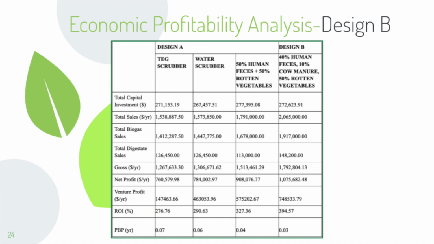The final optimized mixture in Design B, containing 40% human feces, 10% cow manure, and 50% rotten vegetables, resulted in an overall higher profitability as compared to Design A, yielding an ROI of 394% and payback period of 0.03 years, resulting in a healthy venture profit.